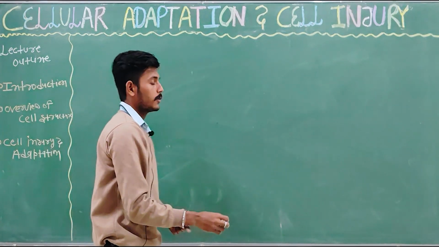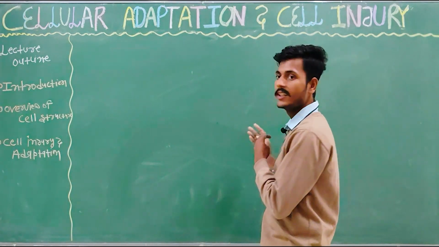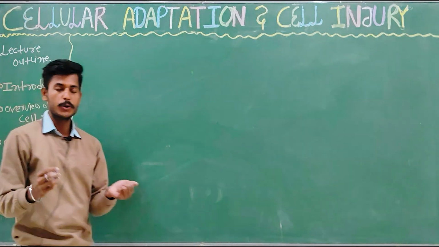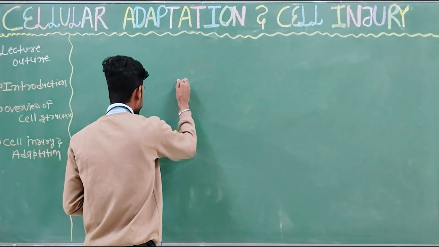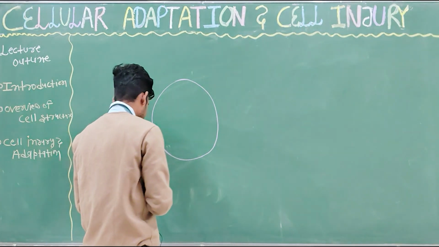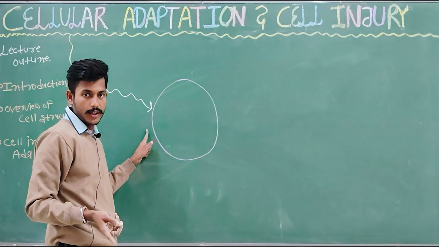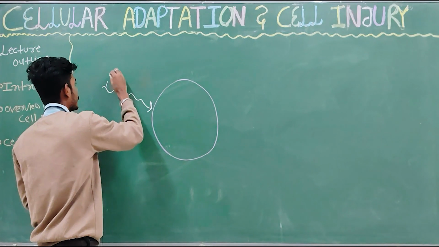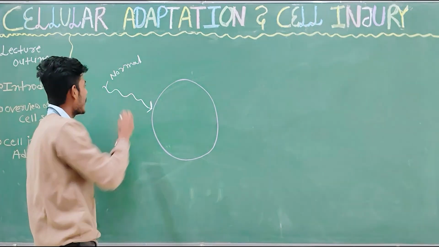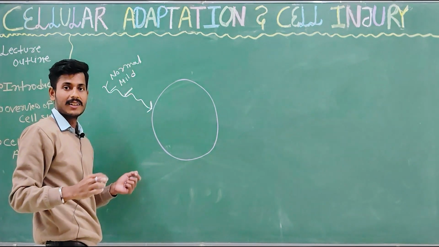Now let's quickly understand what is meant by cell adaptation and cell injury. I will show you via a diagram. Suppose this is a cell, one eukaryotic cell, and it got an injury. The injury may be a normal injury, a mild injury, or a severe lethal injury.